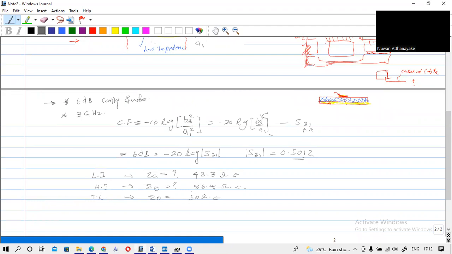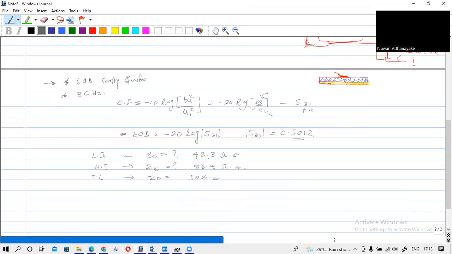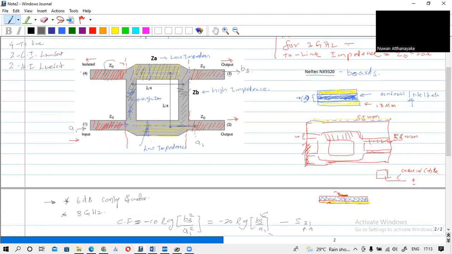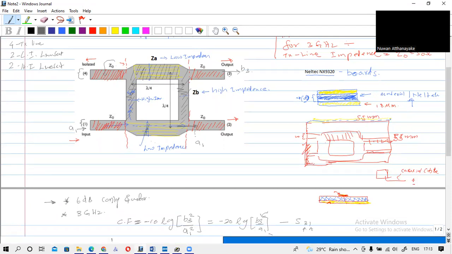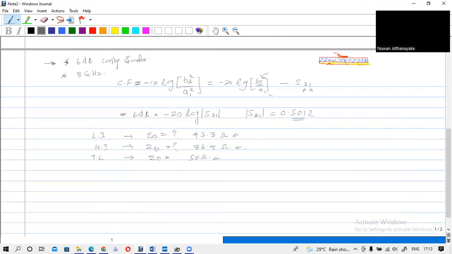Based on these impedances, we have to find the width and the length of this transmission line section related to microstrip. For that, there are many equations in your textbook.